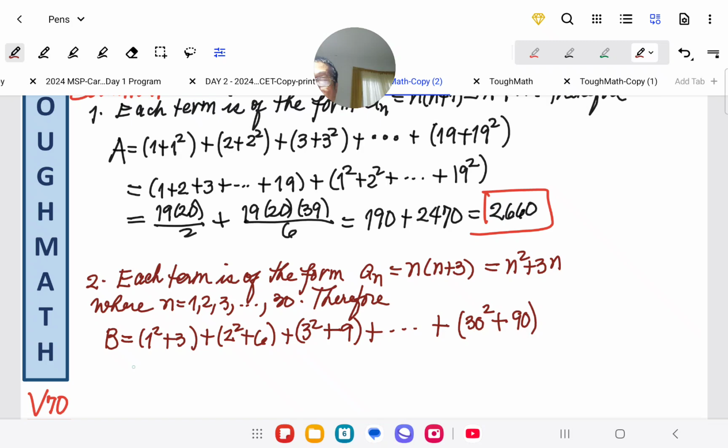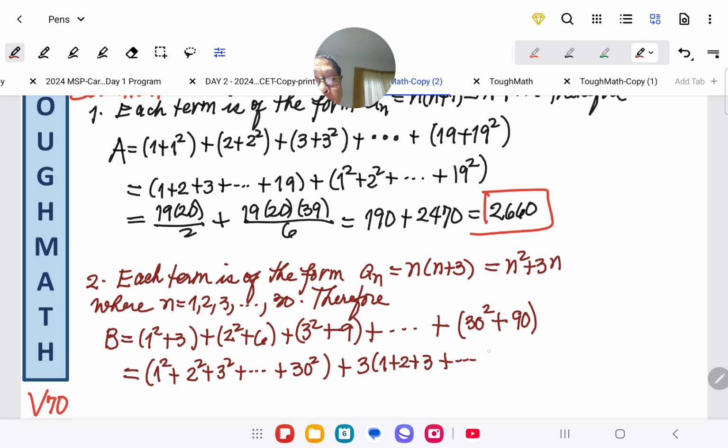Okay, and we can rewrite this as 1 squared plus 2 squared plus 3 squared plus and so on until 30 squared. Whereas the other numbers can be written as 3 times 1 plus 2 plus 3 and so on plus 30.